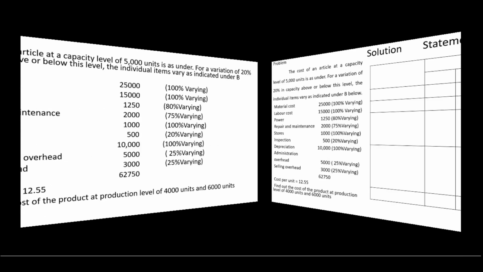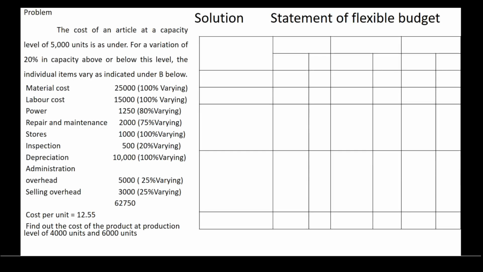So this is the format of the statement of the flexible budget. First, particulars, 5,000 units, 4,000 units and 6,000 units. Under this, amount and per unit are entered.